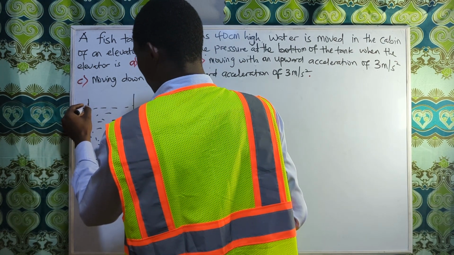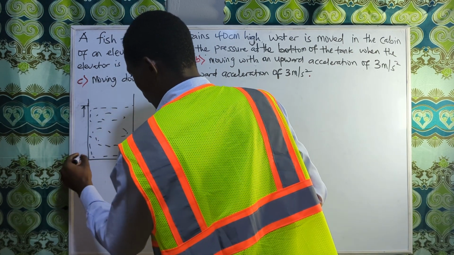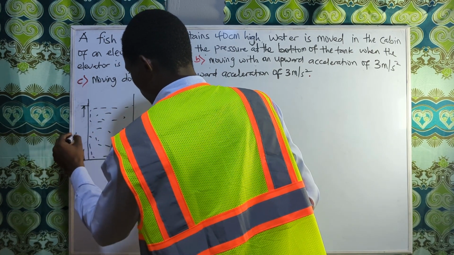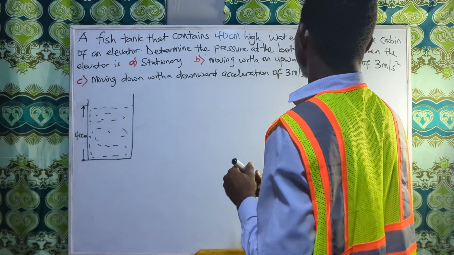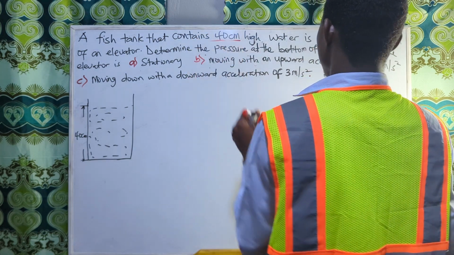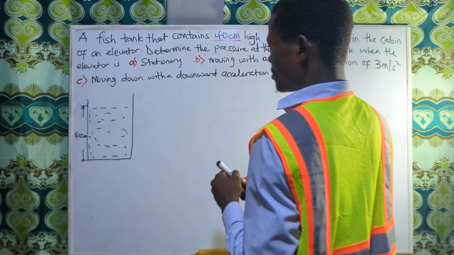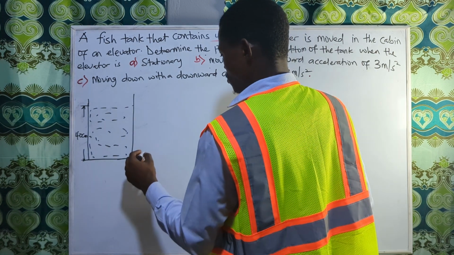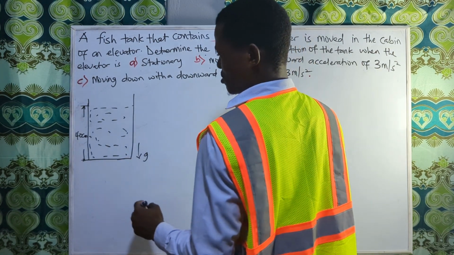So let's see the height of the water. Here is 40 centimeter. This is the only information we have here. And we know gravity will act downwards, our g.